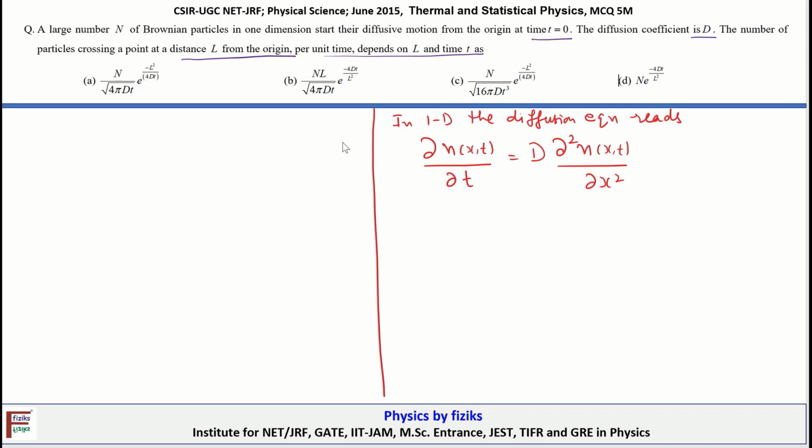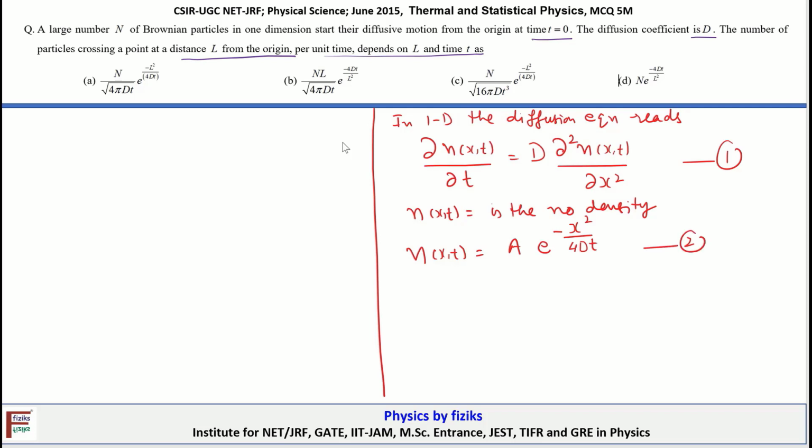Here D is the diffusion coefficient and n(x,t) is the number density. The solution for this equation is of the form n(x,t) equals A exponential of minus x squared upon 4Dt. Let's call this equation 2.